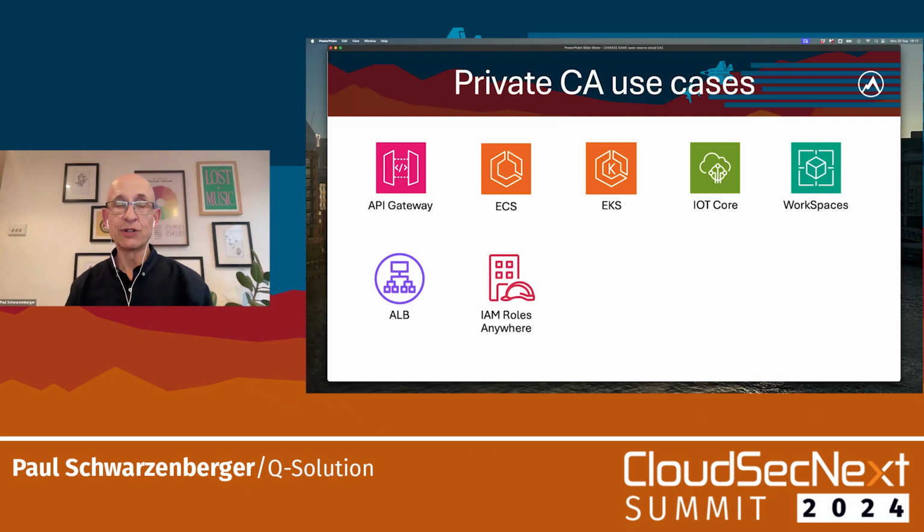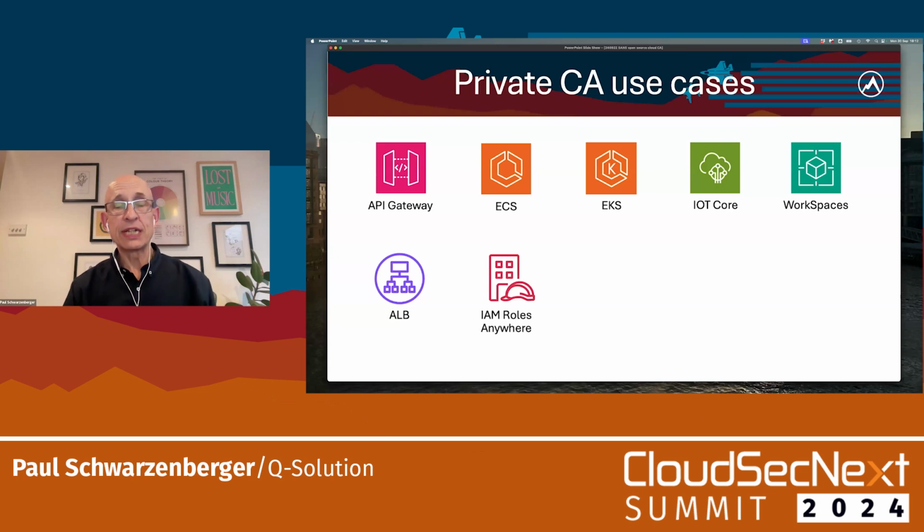IAM Roles Anywhere effectively replaces the need for a user identity for that machine and an access key and secret key. It replaces all of that with a client certificate and corresponding private key. So that's IAM Roles Anywhere.